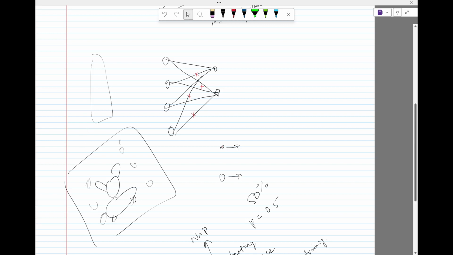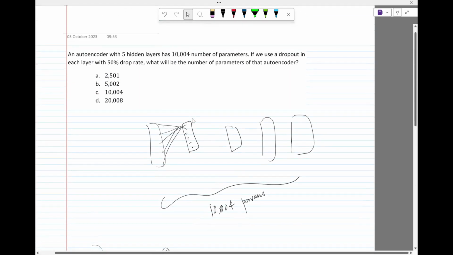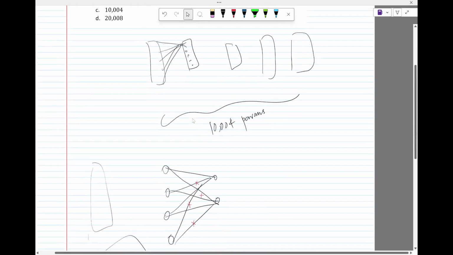So you will have to learn different features if you want to achieve lower training error. You are forcing the model to learn different features. That is the purpose of dropout, but the question is asking something else. I was just explaining why we use dropout and how it is used.